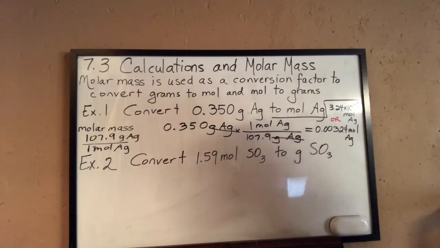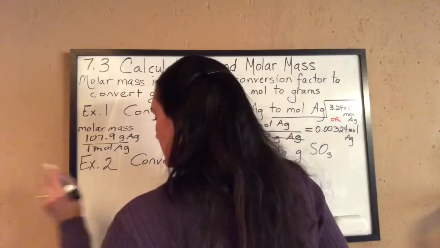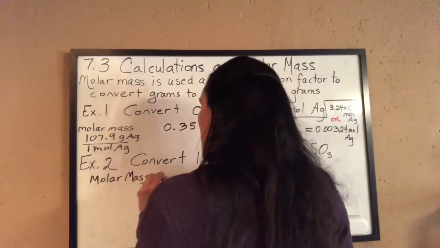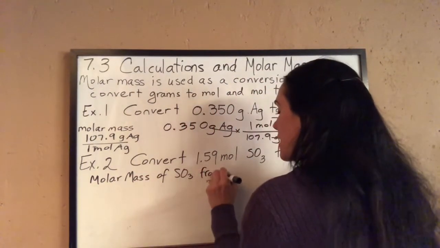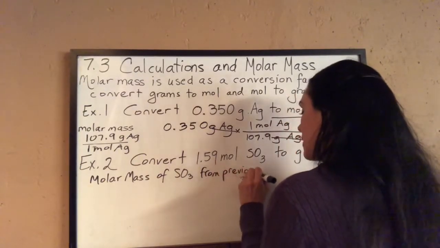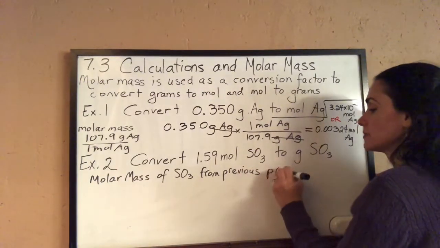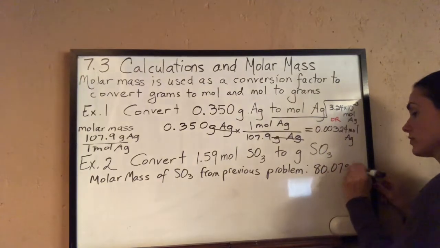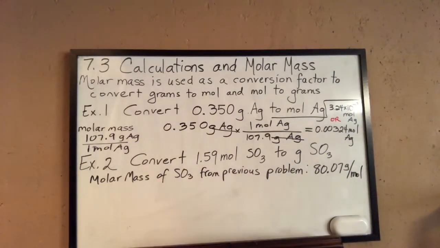Now we just calculated the molar mass of sulfur trioxide in the previous section. We calculated that at 80.07 grams per mole. We have that on the previous board. So we've done that step in another problem.